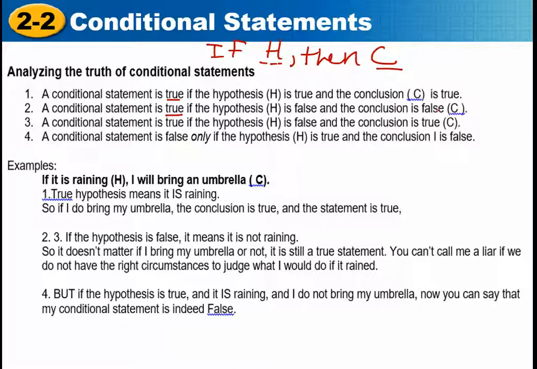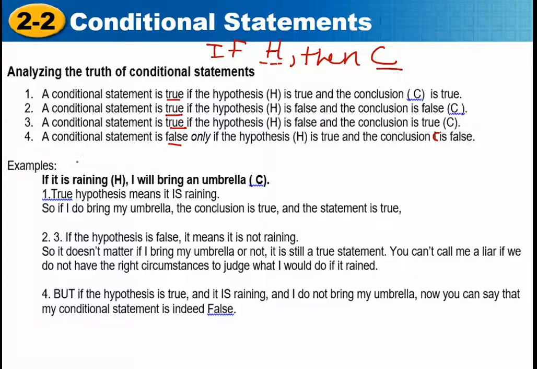That might seem odd, but we're going to look at an example that will help you clear that up. A conditional statement is also true if the hypothesis is false and the conclusion is true. A conditional statement is false only if the hypothesis H is true and the conclusion, that's supposed to be a C, is false. That's the only time you could say this is false.